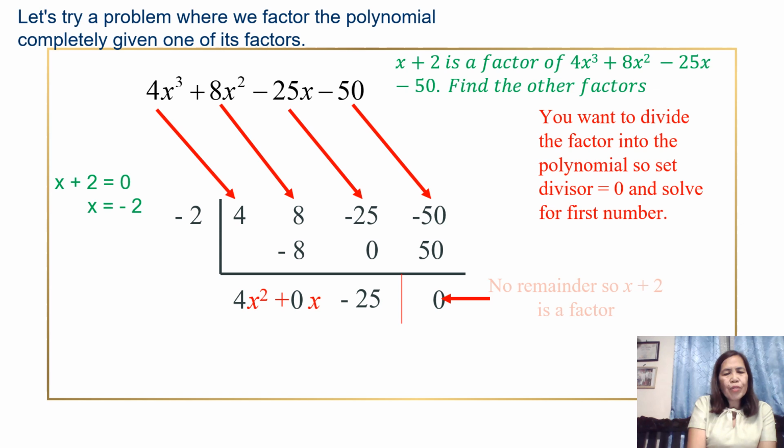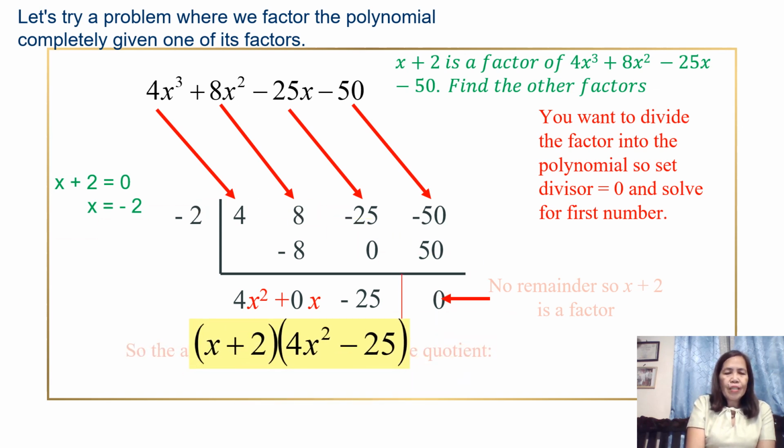Kaya 4x squared. Bakit x squared? So, tandaan, di ba sabi ko kanina, para makuha natin yung quotient, you put the variables back, bawasan ng 1 degree ang given sa dividend. So, 3 minus 1 is 2. So, ang ating first term ay magsisimula sa 4x squared. Yan. So, yan ang ating factors.